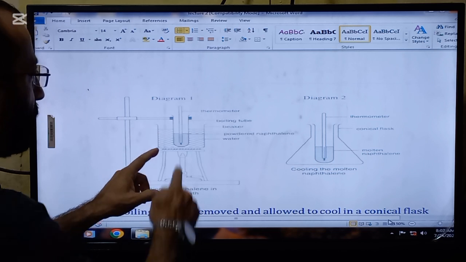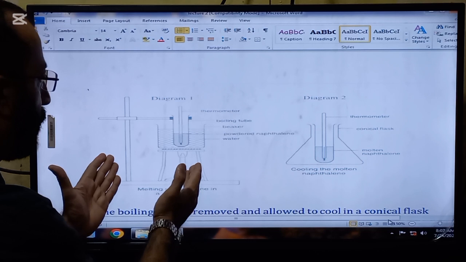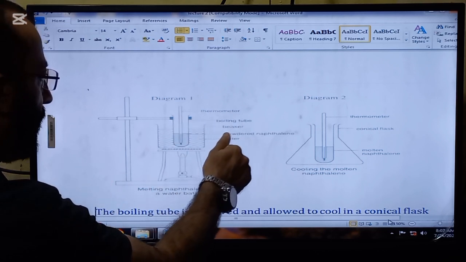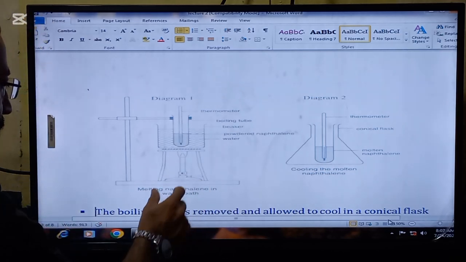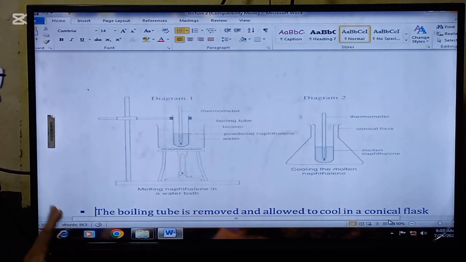As it melts, we will read the temperature of the melting point on the thermometer. So look now, here is the boiling tube, here is the beaker, here is the powdered naphthalene, here is the water, and here is the Bunsen burner. So, melting naphthalene in a water bath.